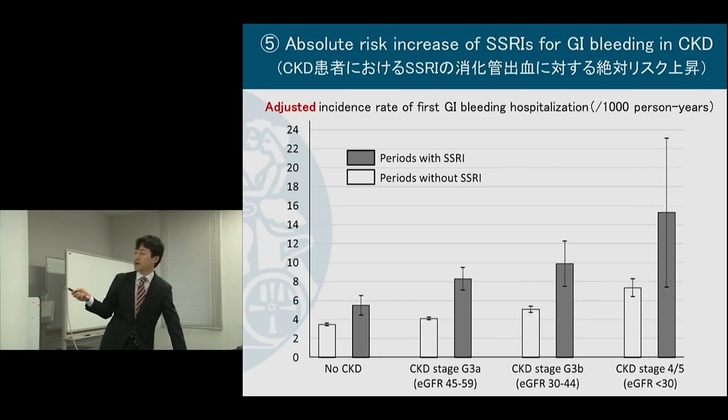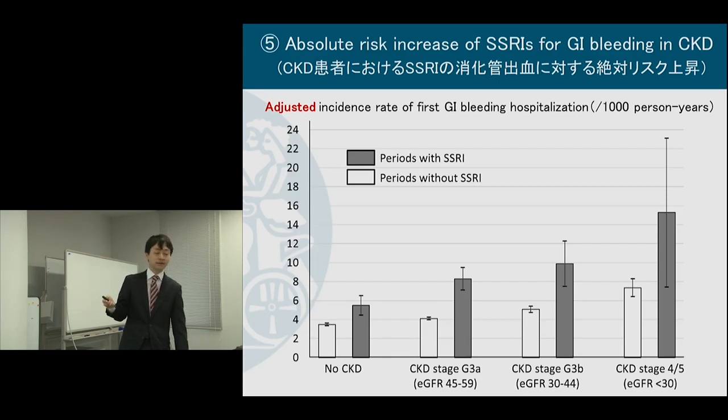Because by adjusted analysis, the model assumes that the confounding factor is equally distributed between these 8 groups. So it's a kind of simulation of what happens if, for example, the distribution of diabetes or aspirin or smoking status were equal between the 8 groups.